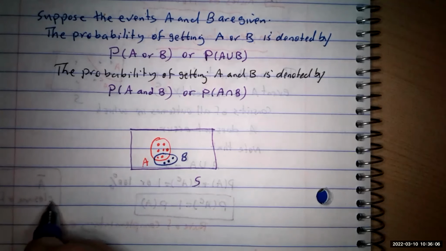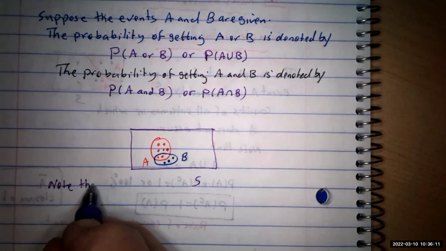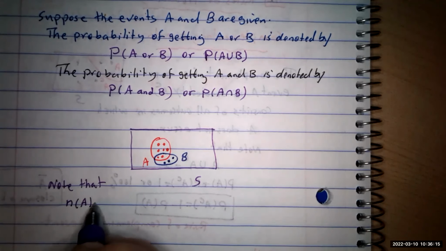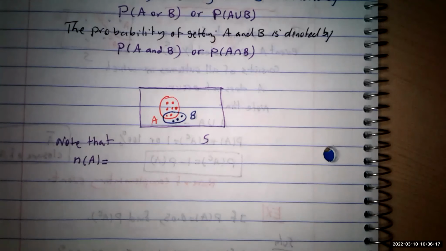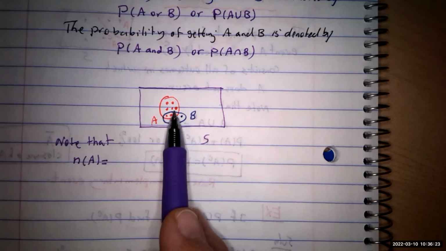So note that we want to find n of A. Remember, n of A is the collection of all the members of A, all the outcomes in A. As you can see, how many do we have? The red one is 7.